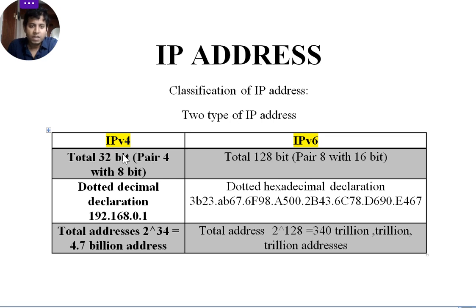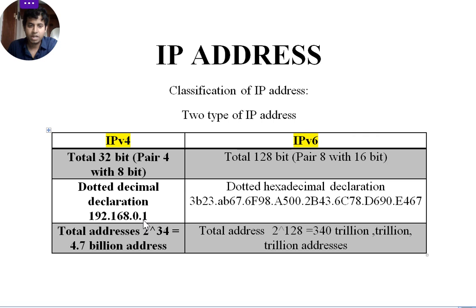And the first property of IP version 4 is that it has a total of 32 bits, and it has 4 pairs. The IP version 4 format looks like 192.168.0.1.